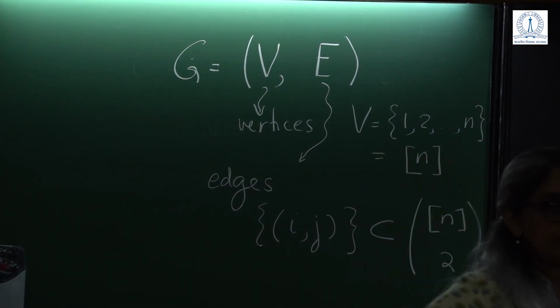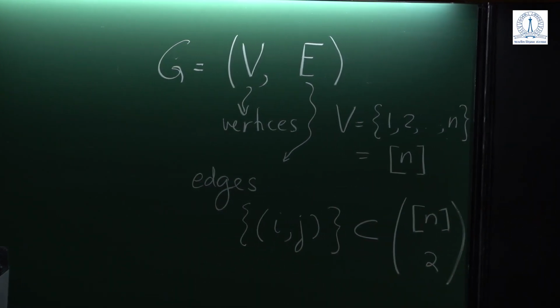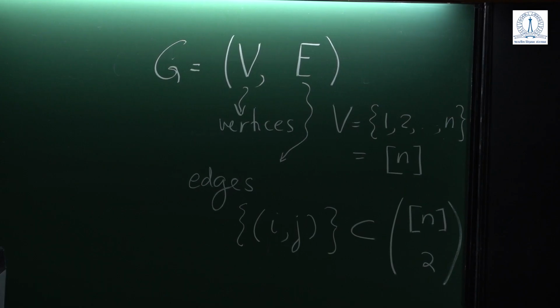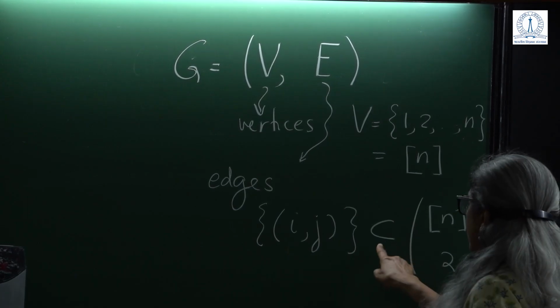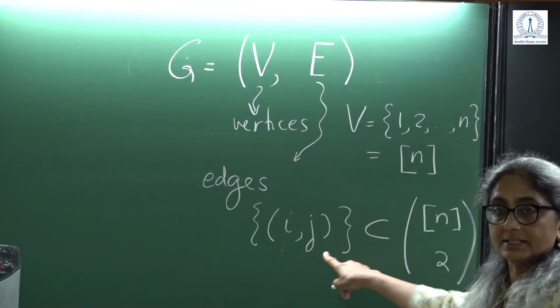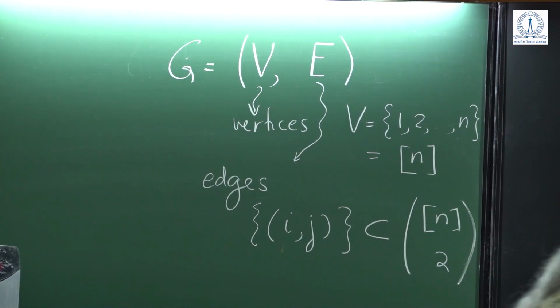So that symbol, when I put square bracket n choose 2, means you're taking every 2 elements from the set 1, 2, 3 up to n, okay? So it's a binomial coefficient, but it has a set inside. Good, so it may not be everything, so this is typically not equal, but just some collection, okay? So that's what it is.